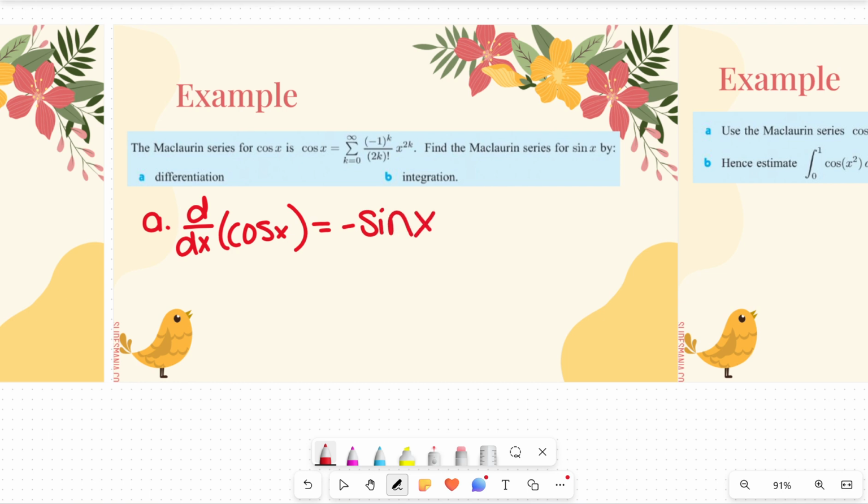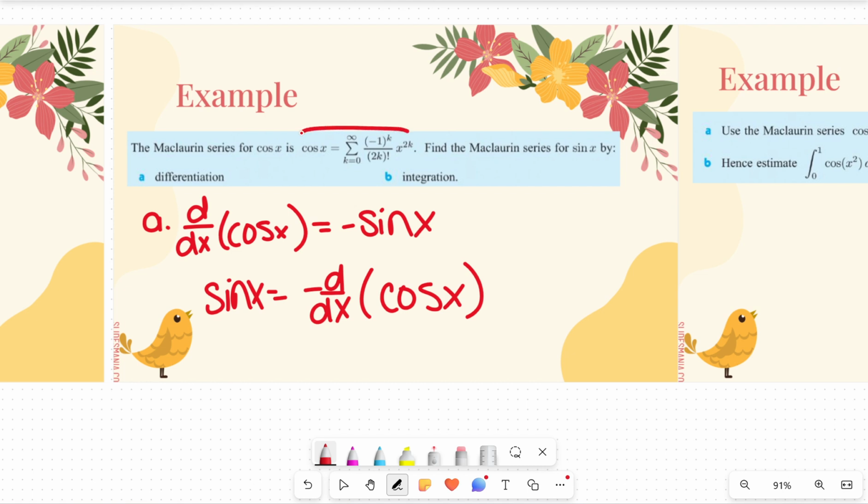So if my goal is to solve for sine x, I can say that sine x is equal to the opposite sign of my derivative of cosine. And I can follow this Maclaurin series expansion and substitute that in for where I see cosine.